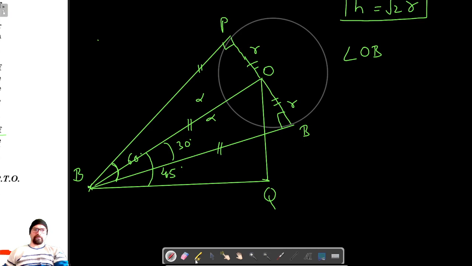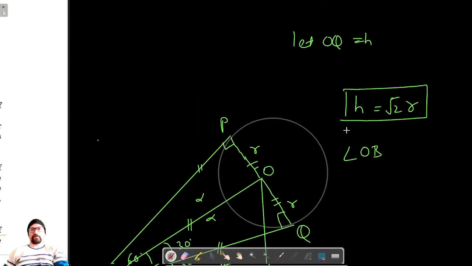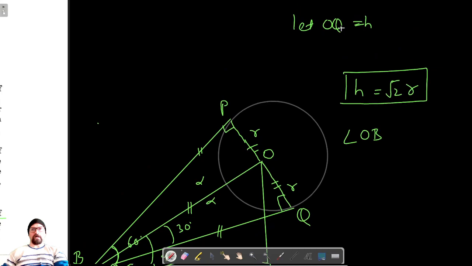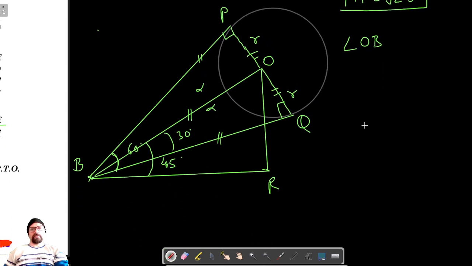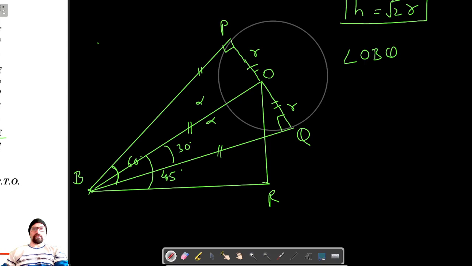Let's say this is Q, and this is R. Now OR is equal to H. Now angle OBQ is equal to 30 degrees.